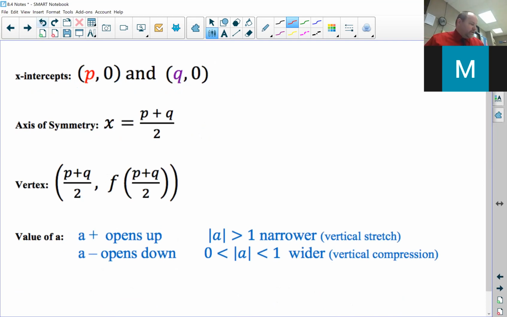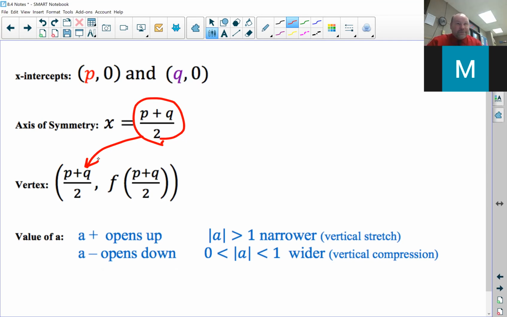Then our vertex, again, just like the other forms, that axis of symmetry is the X coordinate in our vertex, and the Y coordinate you find by plugging that value of X back into the original function. And then don't forget about A. If we have a positive value for A, our graph is opening up. Negative value for A, it opens down.